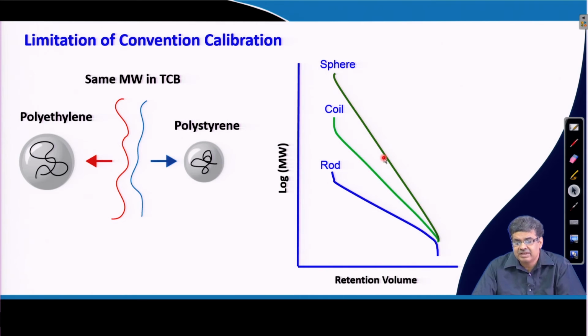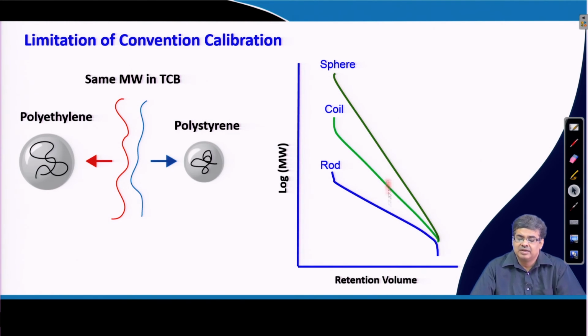For a given retention volume, a spherical shaped polymer having higher molecular weight will come at the same elution volume as a sample which is rod shaped or elongated, but has a much lower molecular weight.